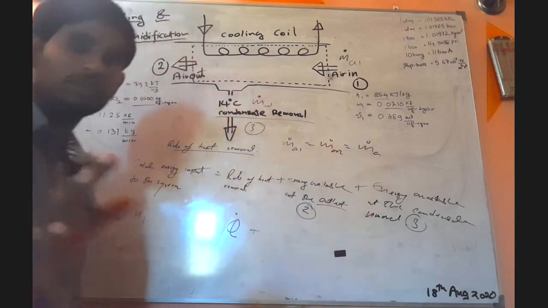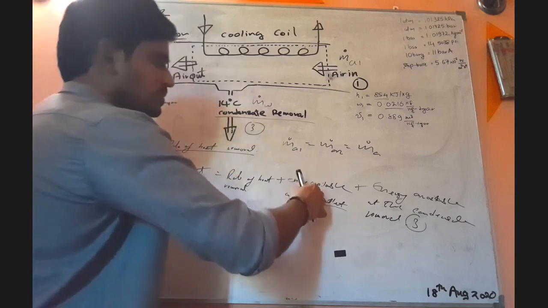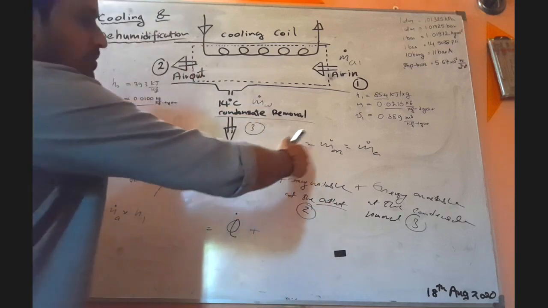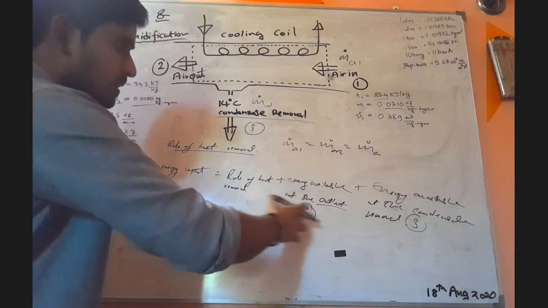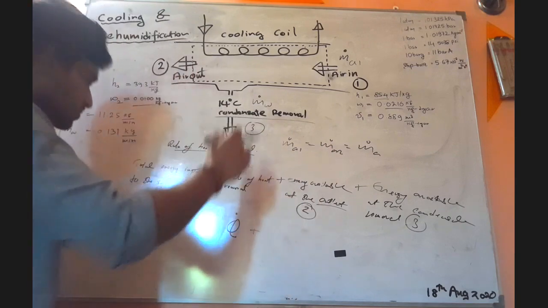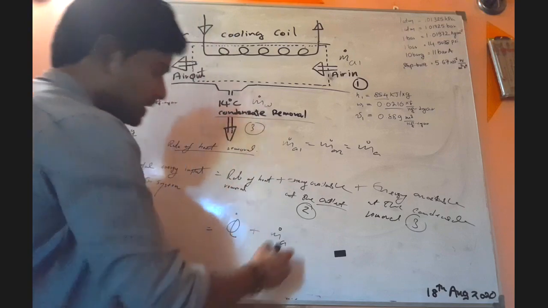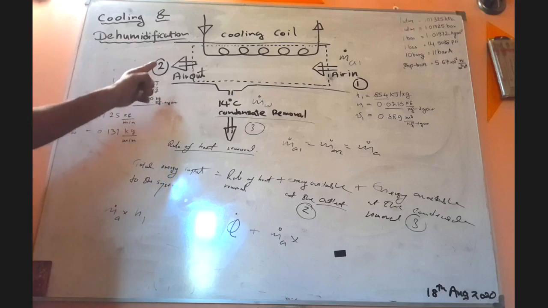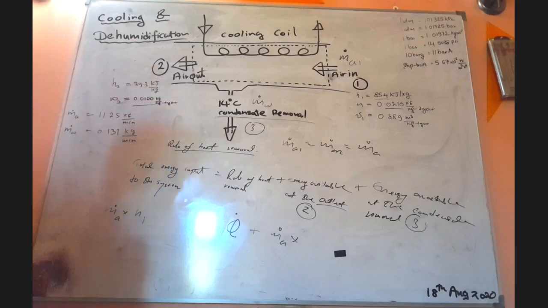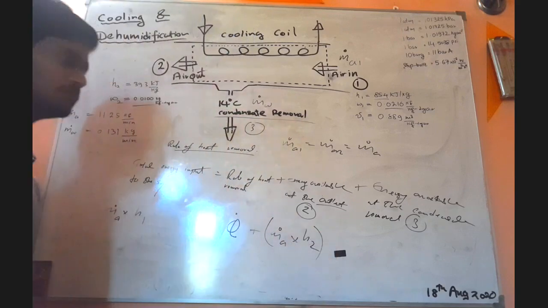So the dry air mass flow rate at position 2 is also ma dot, times the enthalpy at position 2, that is h2, but better put brackets.